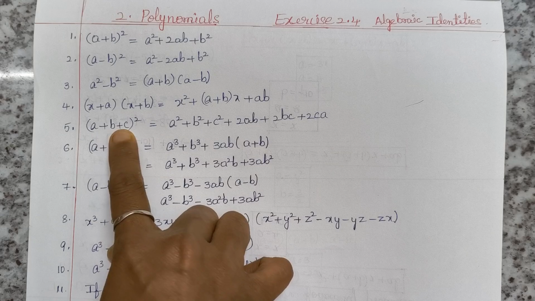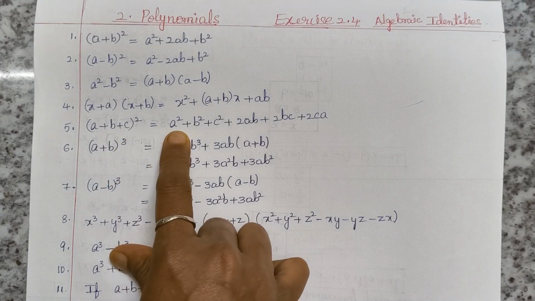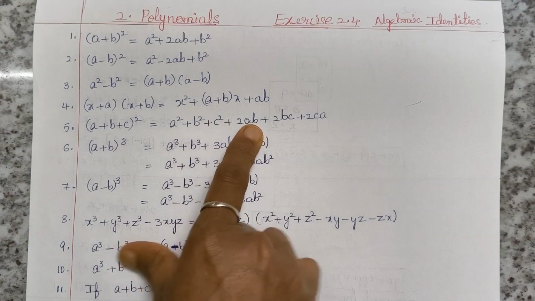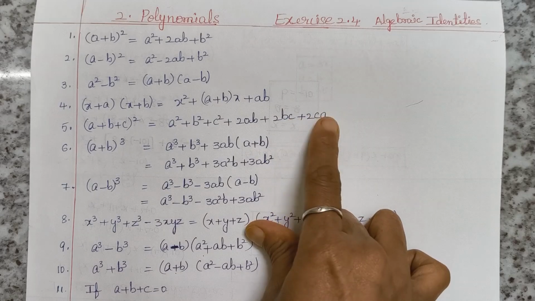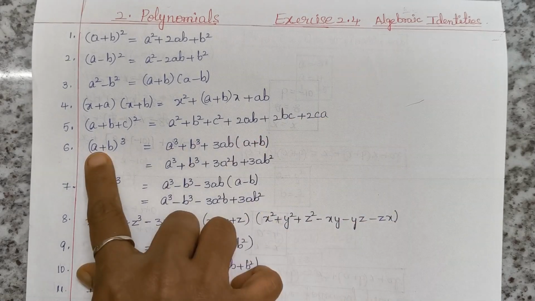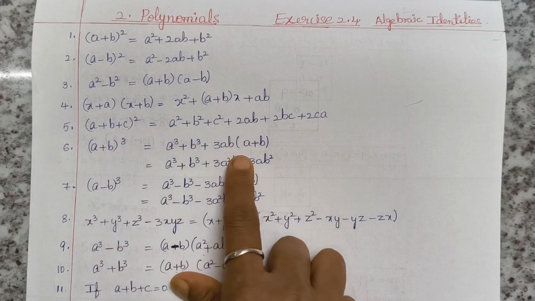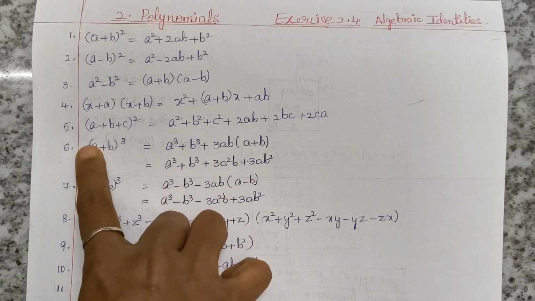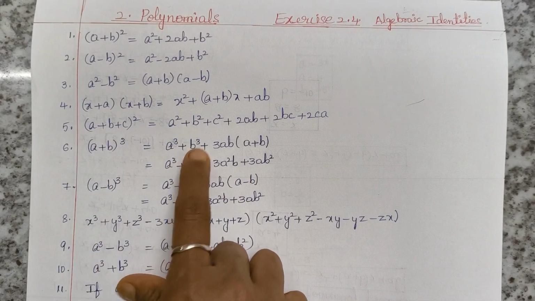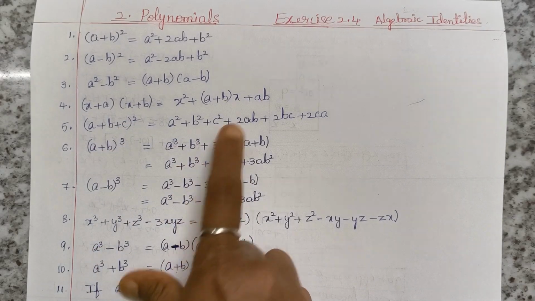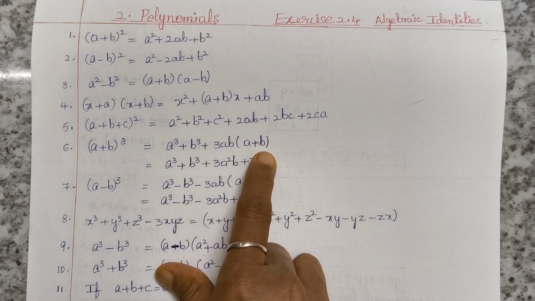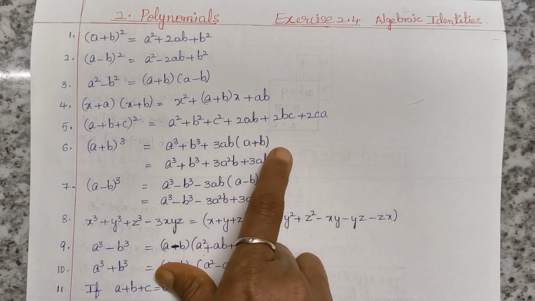Next, (a plus b plus c) whole square is equal to a square plus b square plus c square plus 2ab plus 2bc plus 2ca. Next, (a plus b) whole cube. With bracket, without bracket. See here, (a plus b) whole cube is equal to a cube plus b cube plus 3ab into (a plus b). Without bracket means this bracket we will remove.